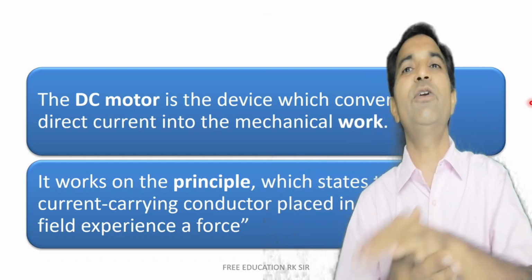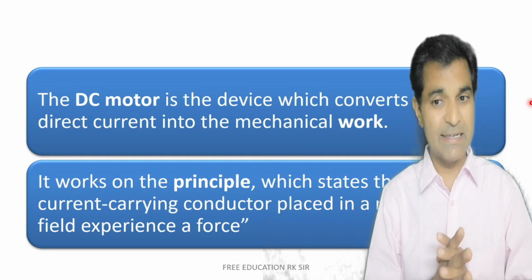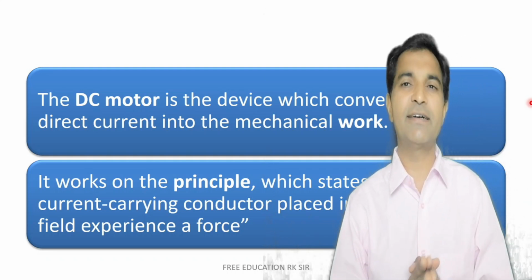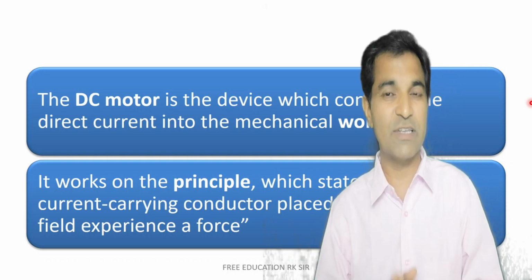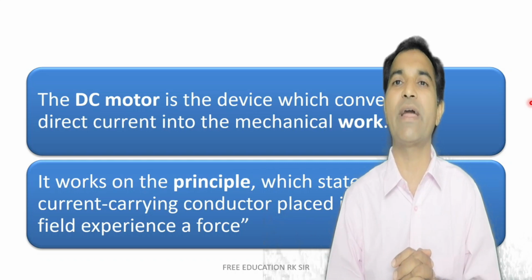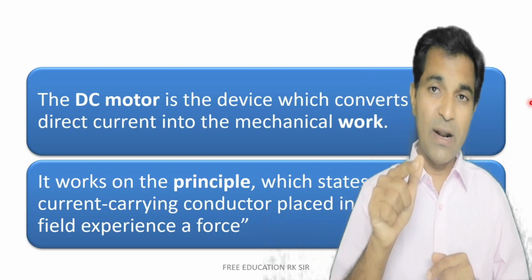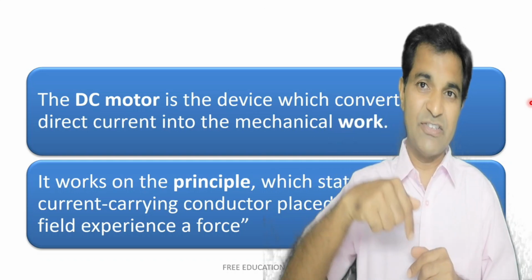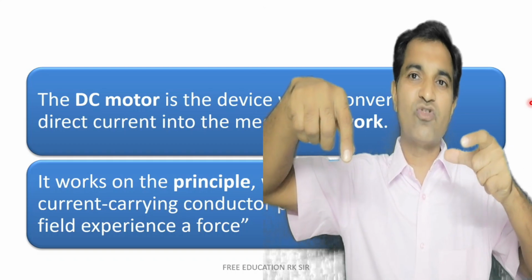will take place into mechanical energy, and it works on the principle which states that a current carrying conductor placed in a magnetic field experiences a force. Actually, this statement was given by Lorentz. What did he say? We had already seen in the previous video that we suspended a current carrying conductor and kept a horseshoe magnet.